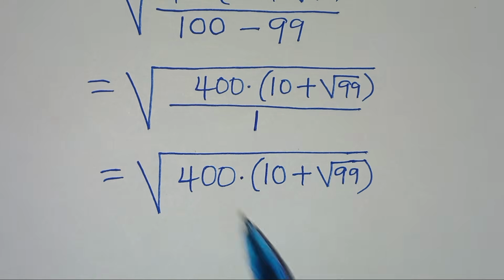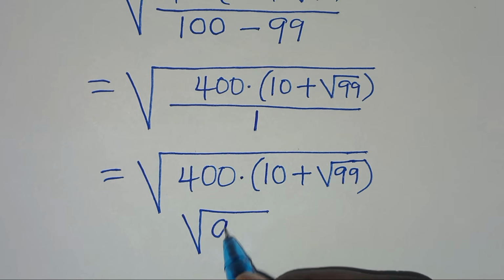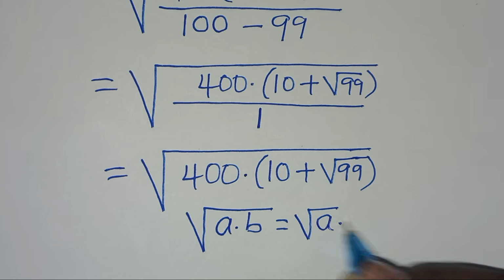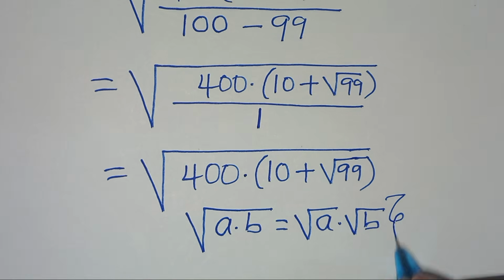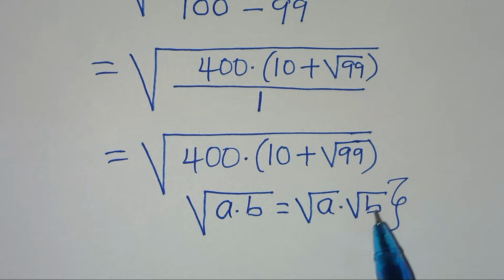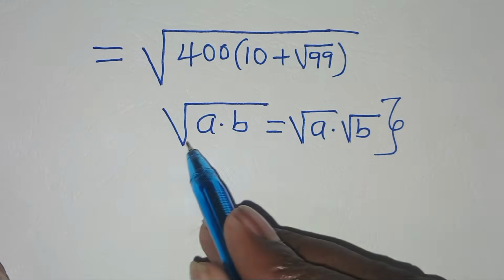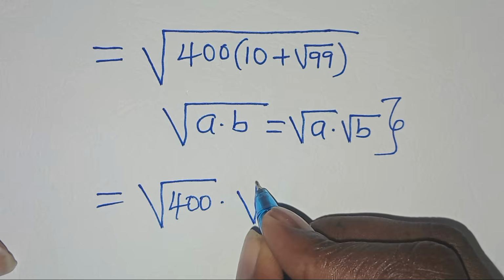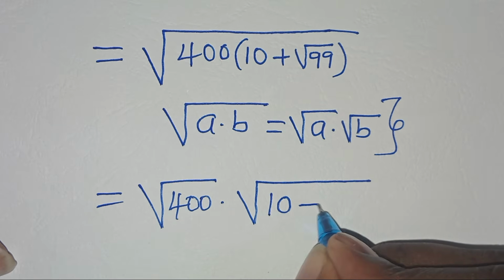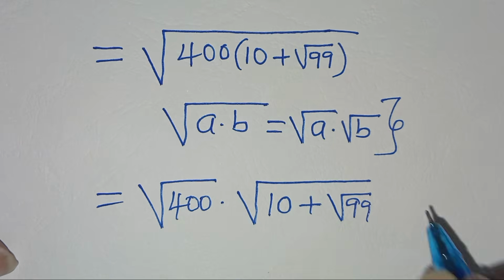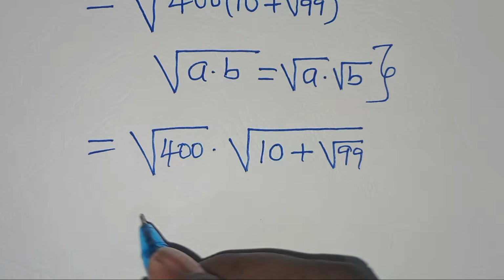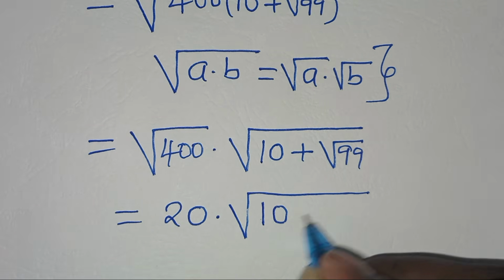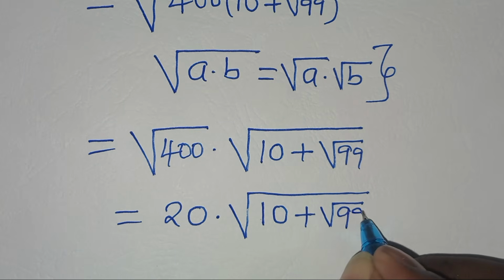You find that this is in the form of the square root of a times b, which we can express as the square root of a multiplied by the square root of b. Applying this property, we have the square root of 400 multiplied by the square root of 10 plus root 99. The square root of 400 is equal to 20 multiplied by the square root of 10 plus the square root of 99.